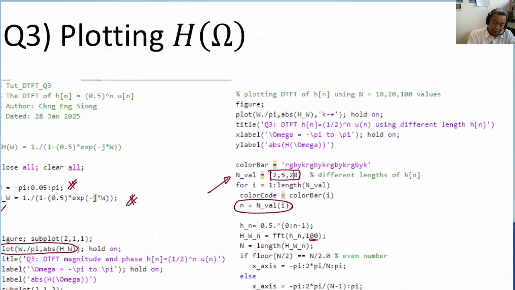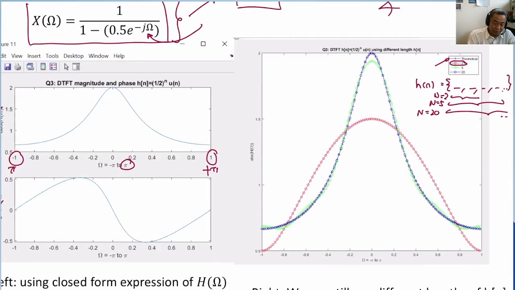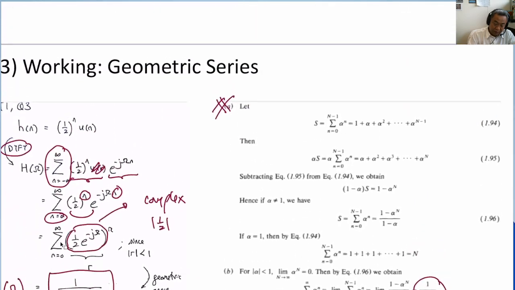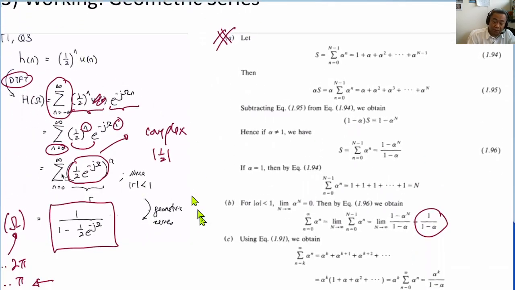So the take-home message is this. In a sequence that is infinite, and the only infinite sequences we are going to play with are the geometric series as well as the pure sinusoids, and the step functions, once we have this infinite sequence, we take the Fourier transform.